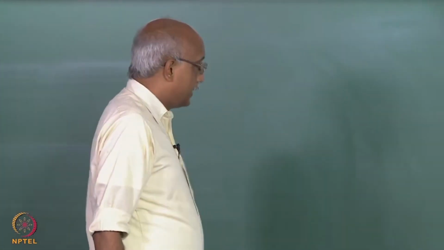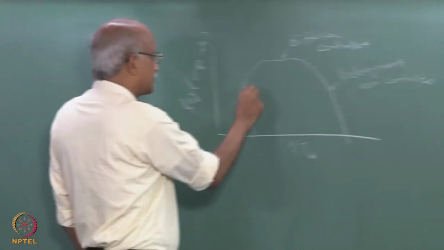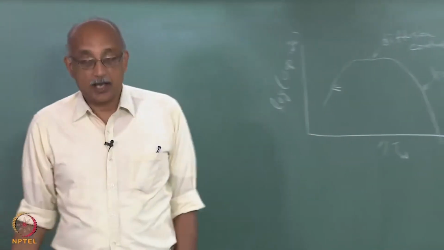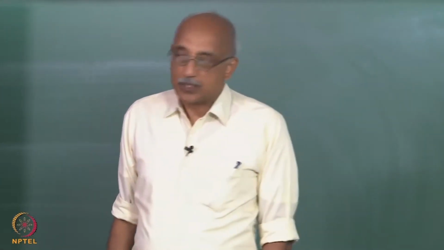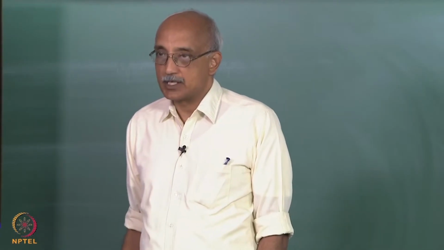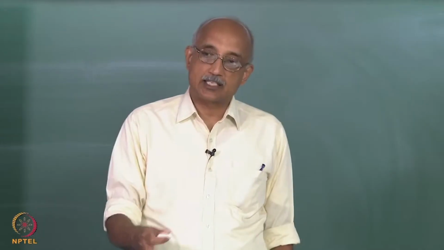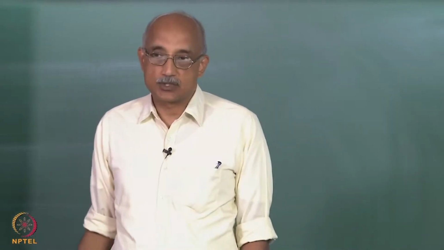And then you have the third region, where we said that you can actually have a net reduction in the deposition rate at extremely high temperatures of the substrate because of parasitic reactions in general, which could be happening in the gas phase or it could be happening on the surface also.